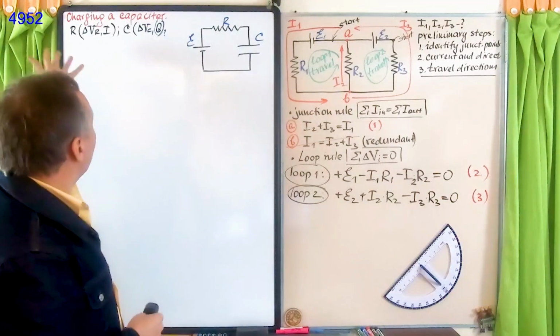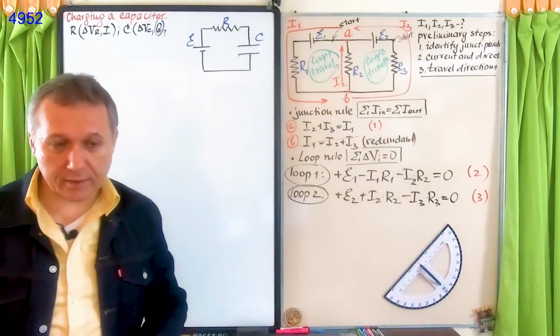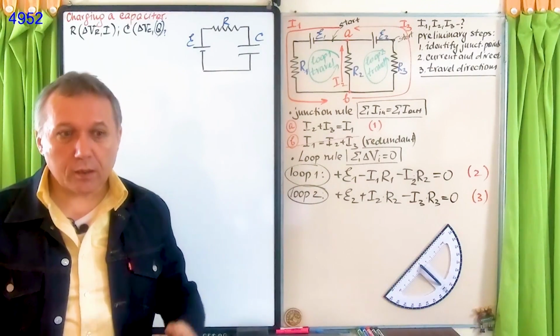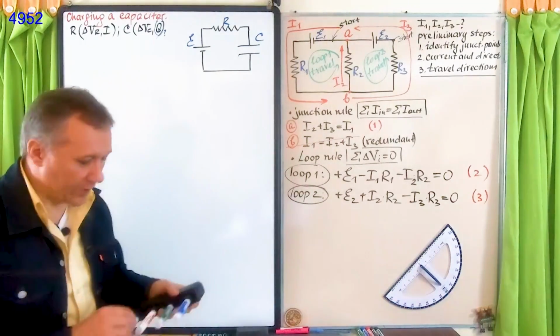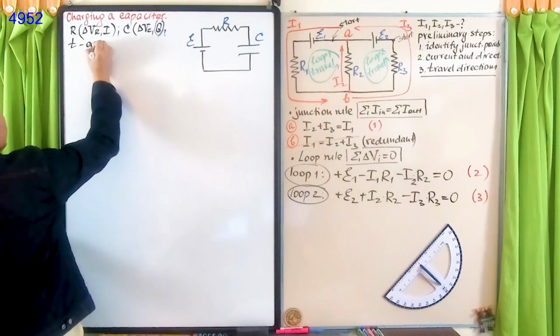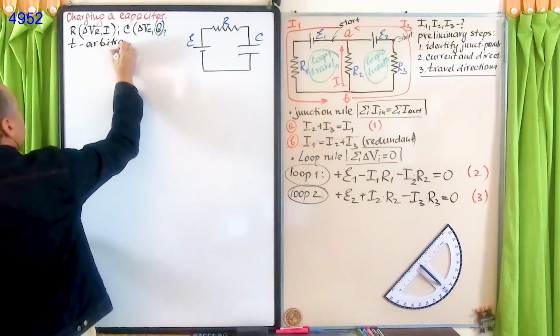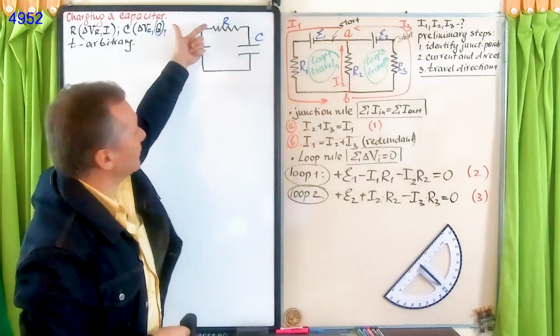And again, since all of these quantities are functions of time, how can we analyze systems like this? We need to look at a completely arbitrary moment of time, t. So t is arbitrary, somewhere after t equals 0. Maybe over here there is a switch.